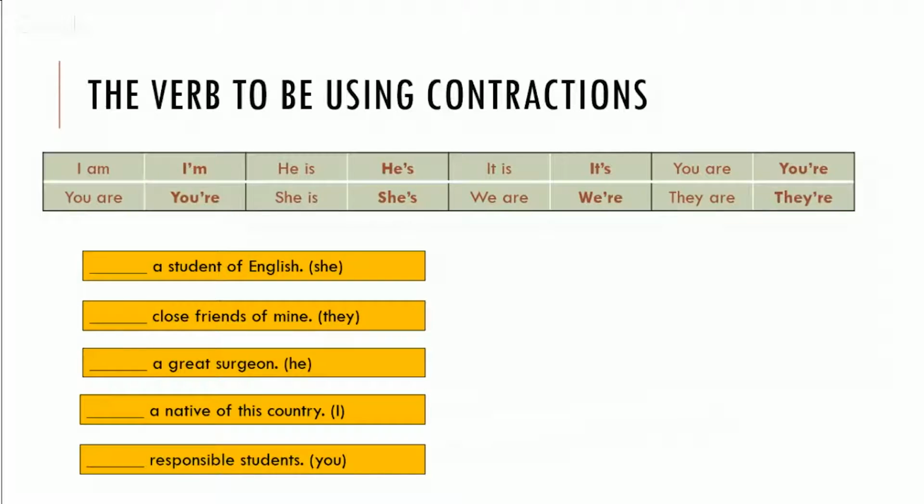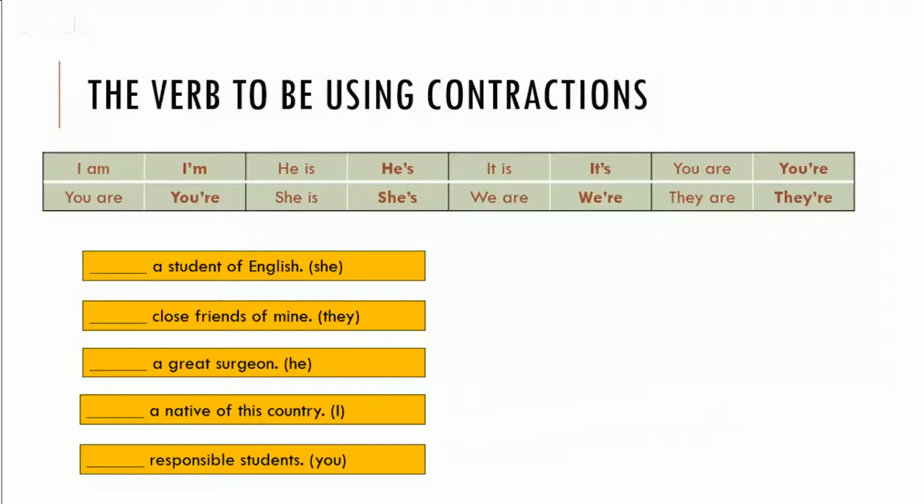So I appreciate that. We're going to be looking at the same sentences now, but using contractions. I'm not going to ask you to write the sentences again, but I will ask you to use the chat to write the beginning of the five sentences.